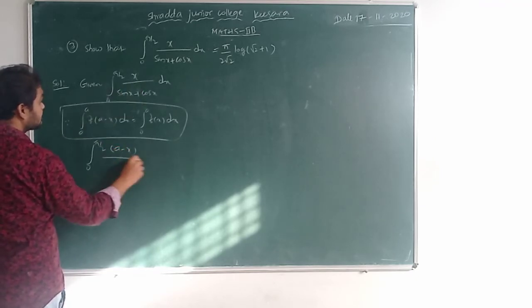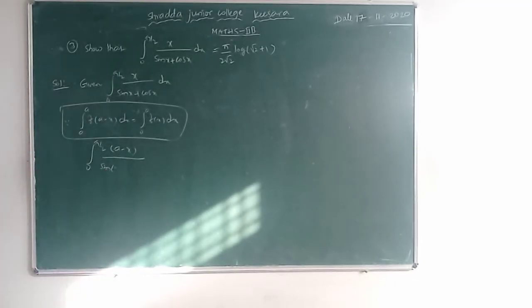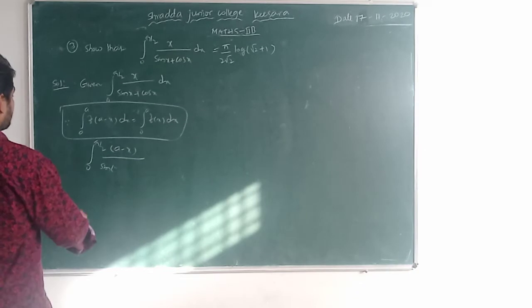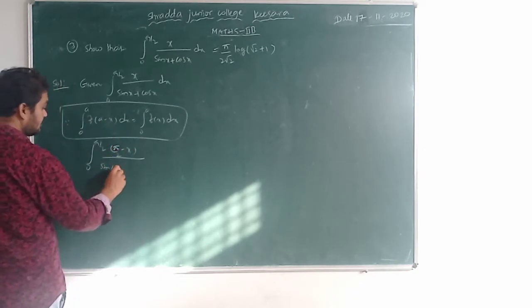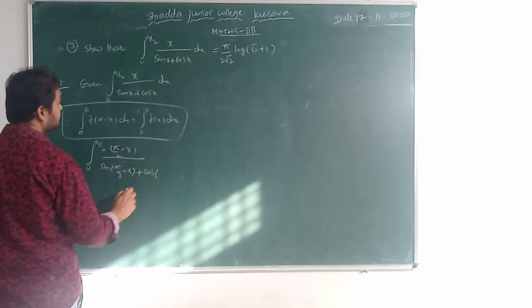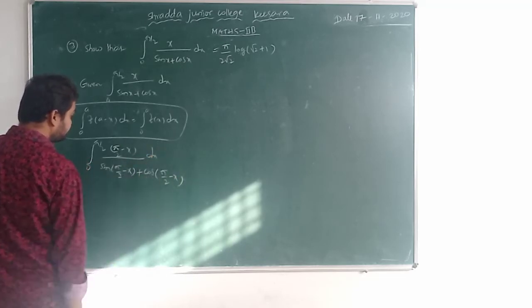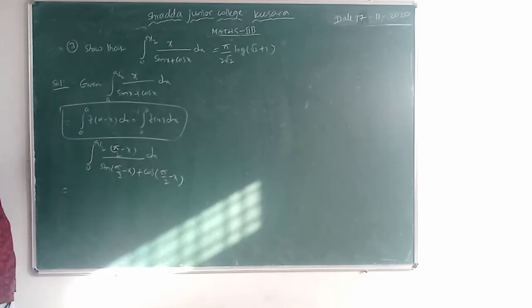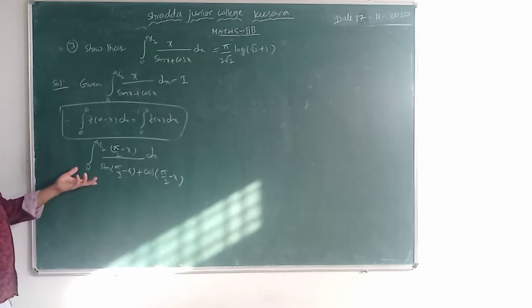That is a minus x by sin of (a minus x) plus cos of (a minus x). Here what is a? That is pi by 2, so pi by 2 minus x by sin of (pi by 2 minus x) plus cos of (pi by 2 minus x) dx. See now, this is equal to, we are taking it as I. So how can we write this?